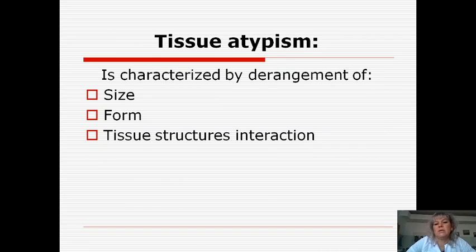What about tissue atypism? It is characterized by derangement of size, form, and tissue structure interaction. So we see the appearance of a node, for example, with a special form, round or oval, with some size, 5 centimeters, 10 centimeters, and new structures, more solid or more soft, with new special colors.